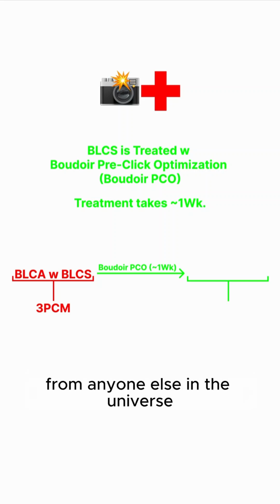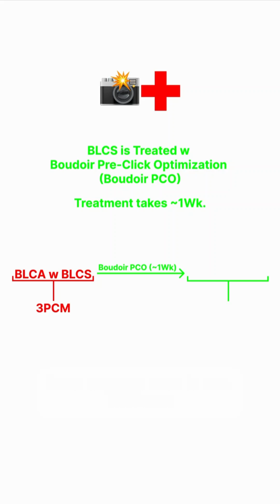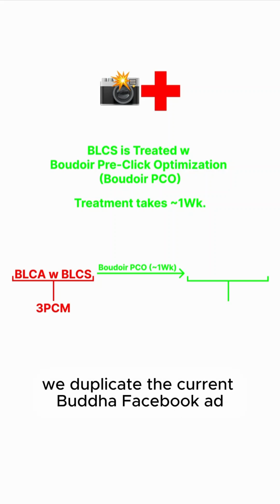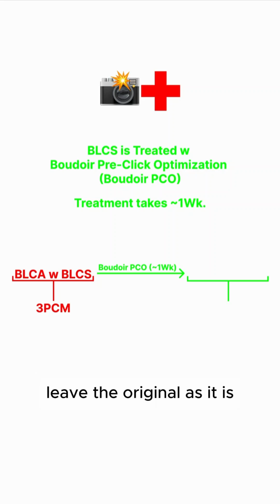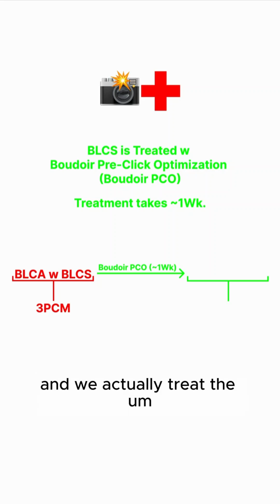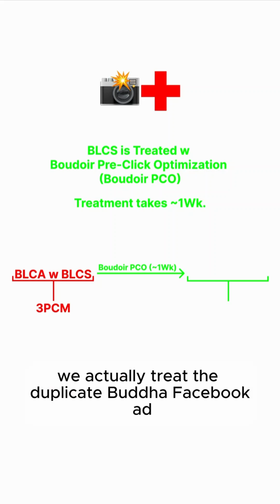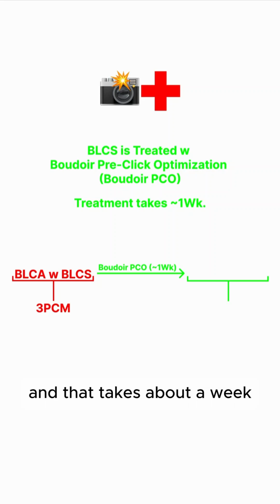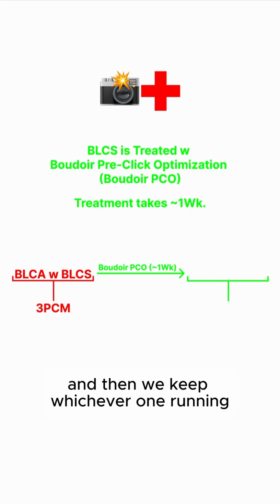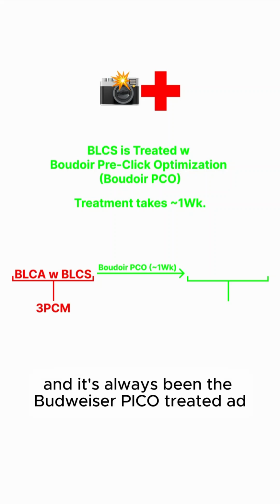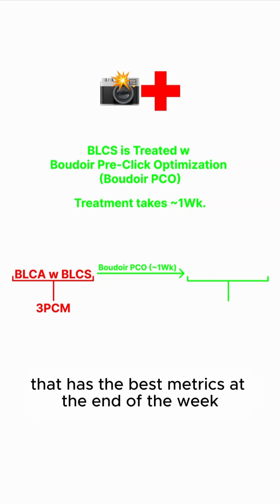You can't get this anywhere else from anyone else in the universe. What we do is duplicate the current Boudoir Facebook ad, leave the original as it is, and treat the duplicated ad. That takes about a week, and then we keep whichever one has the best metrics running. And it's always been the Boudoir PICO treated ad that has the best metrics at the end of a week.